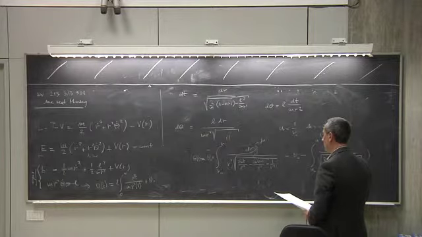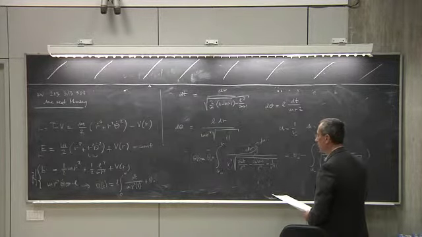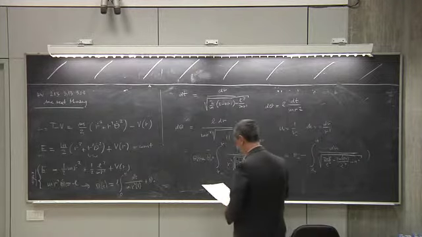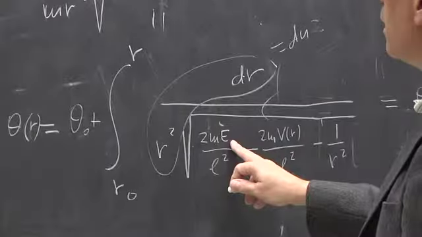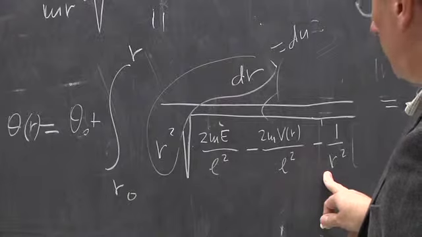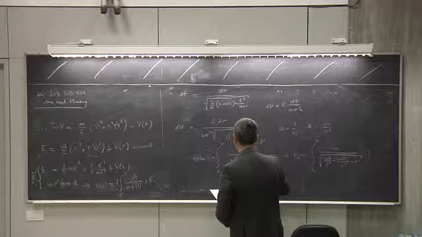Yeah, but where is the 2? No, 2m. Over 2m r squared.